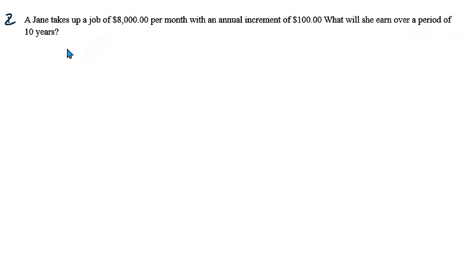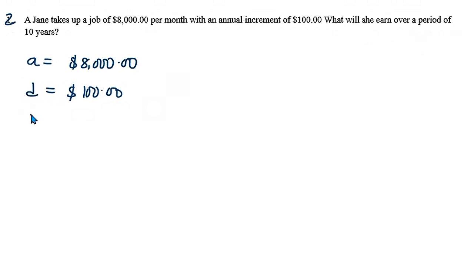So it means that the first term A will be $8,000 per month, and the common difference D is $100. What will she earn over a period of 10 years?